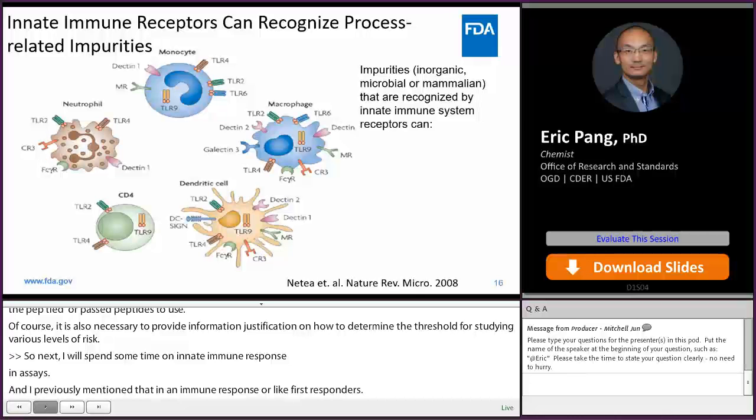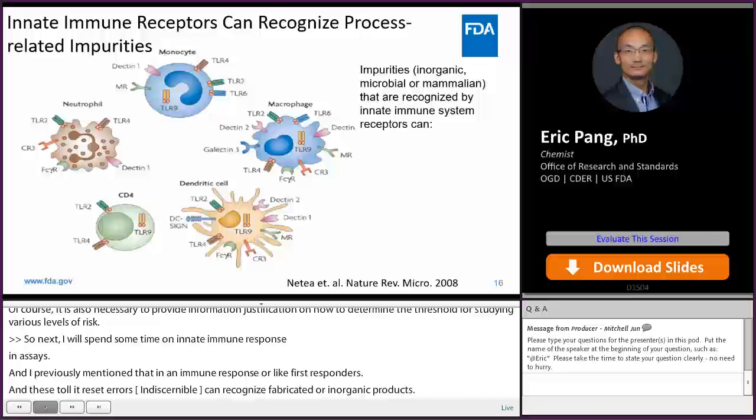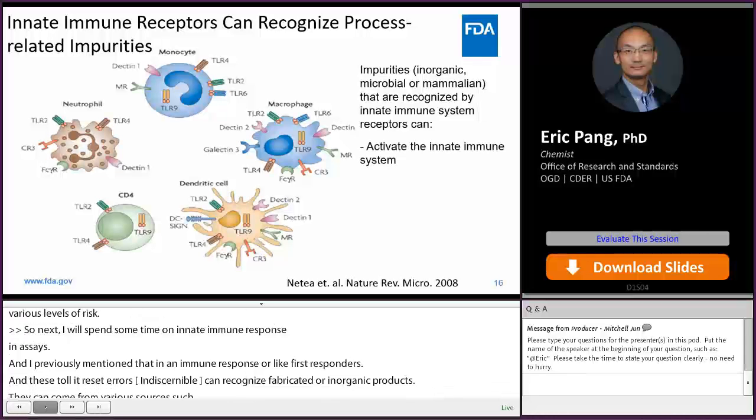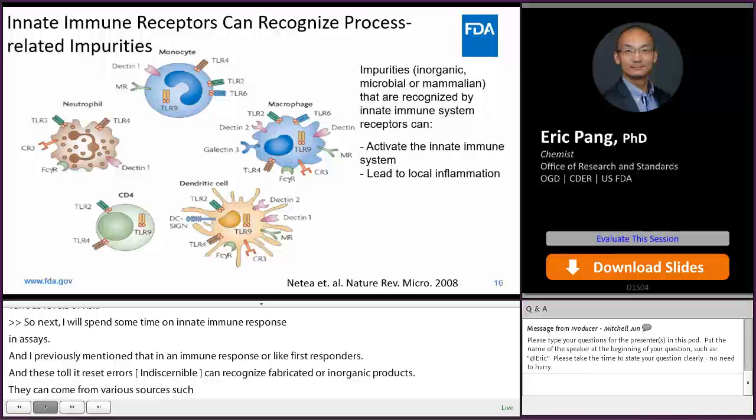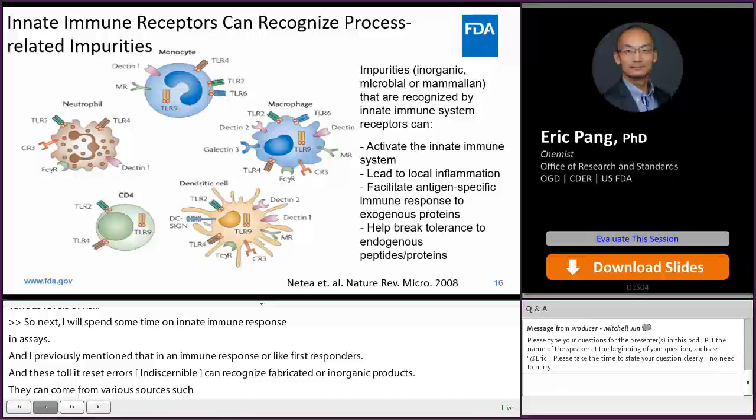In the drug product, these antigenic impurities can come from various sources, such as the manufacturing process, container closure leachables, and so forth. When the receptors recognize these antigens, it can lead to the activation of the immune system. It can lead to local inflammation, also facilitate the antigen-specific immune response to exogenous proteins, or even help to break the tolerance to endogenous peptides and proteins.